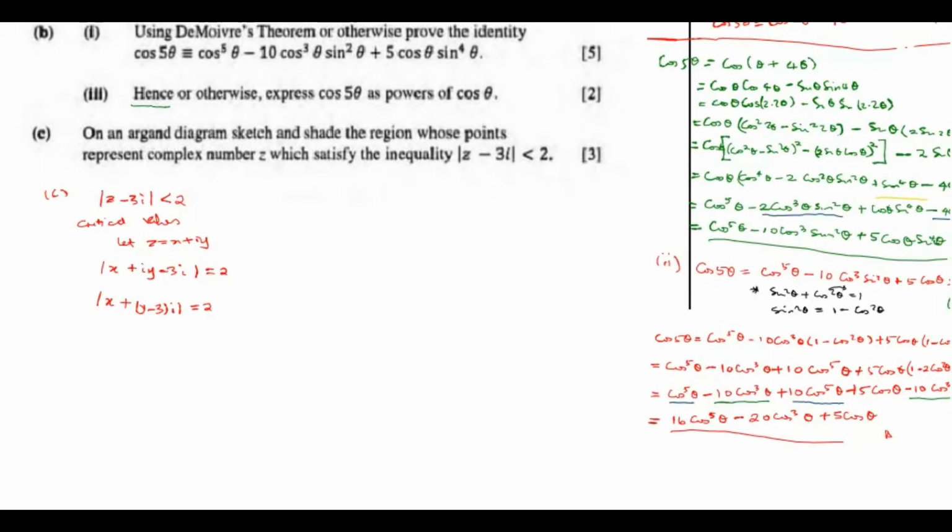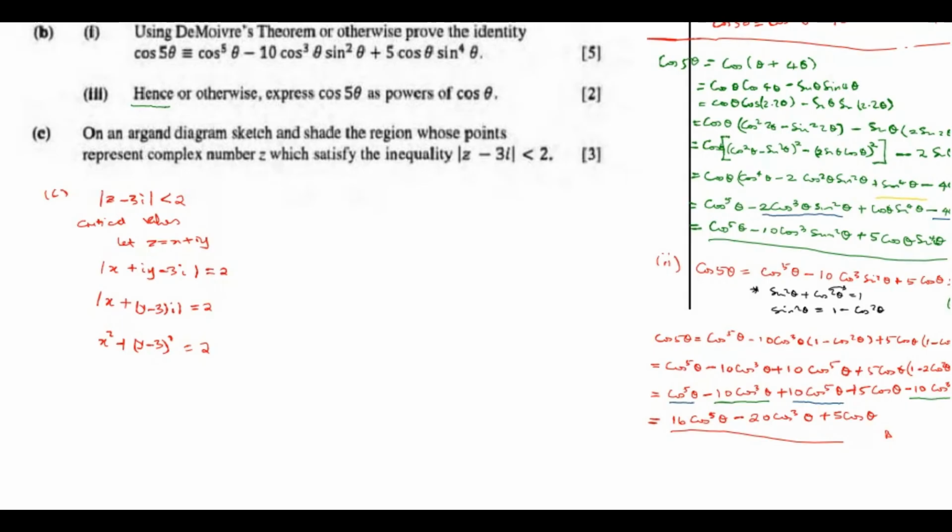equal to 2. And from here we can see this is the equation of a circle. So this shows our critical values is the equation of a circle, which is having center (0, 3) and r equal to 2.